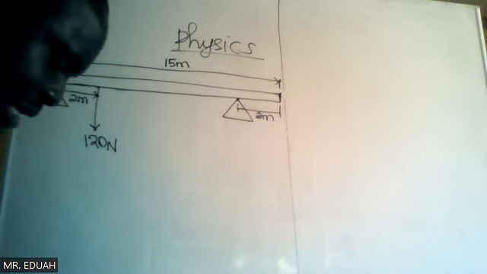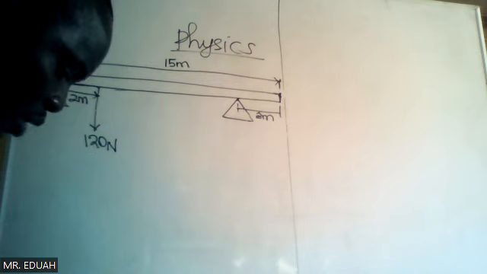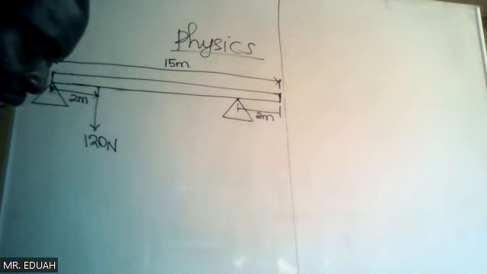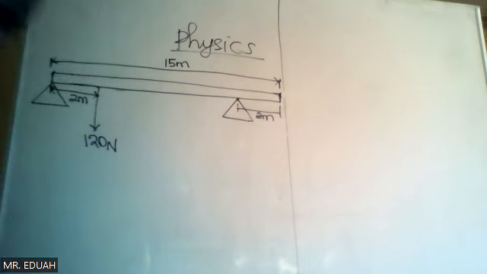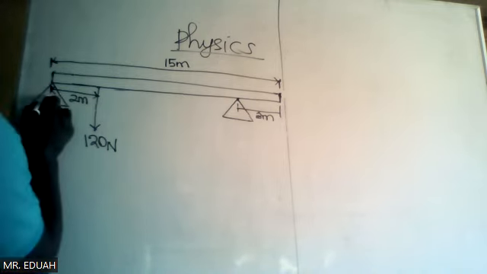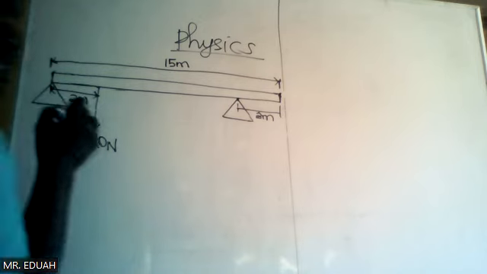Then the next one is that we also have 80 Newton, which is 5 meters from the left-hand end. So from the left, I have 80, which is 5 meters.